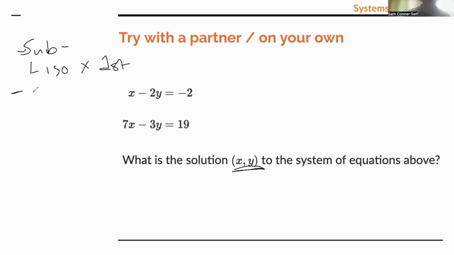If you guys are going to do elimination, again, probably the fastest way to do it would be to multiply this first equation by, and when you're multiplying this first equation, you could either do it by 7 or by -7.